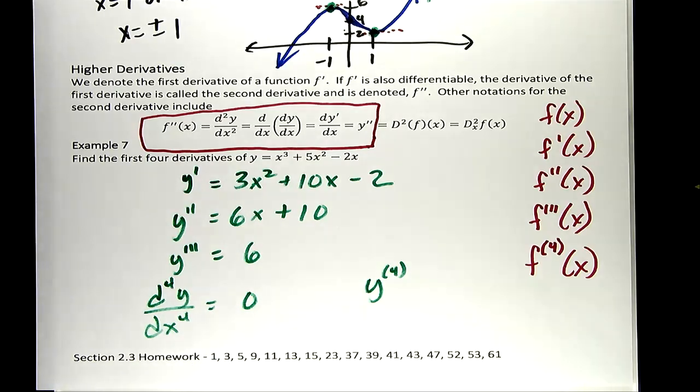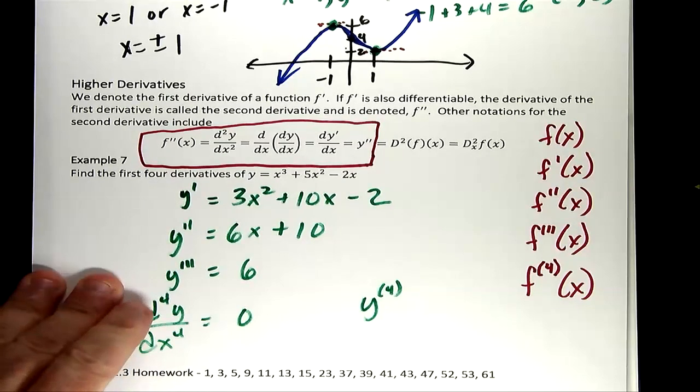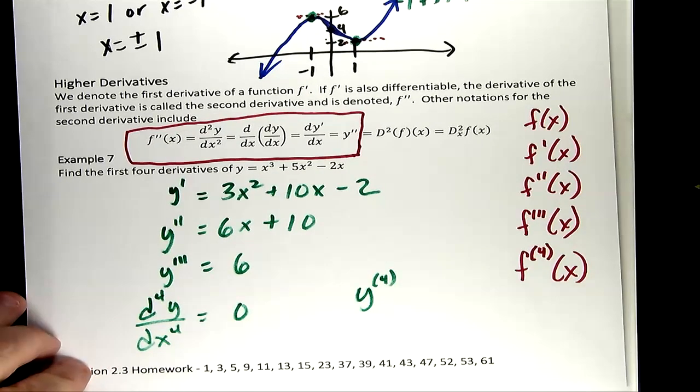That's it for 2.3. 2.4. We've got plenty of time to get a lot done. I don't know that we'll finish, but this was anticipated.